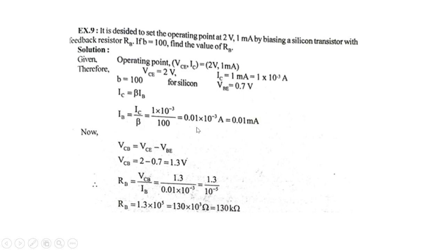So putting the value, we get 0.01 milliampere and VCB equal to VCE minus VB. So VCB equal to 1.3 volt. Now here we can calculate RB equal to VCB upon IB and putting the value, we get RB equal to 130 kilo ohm.